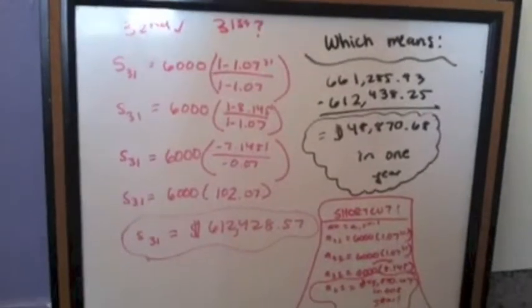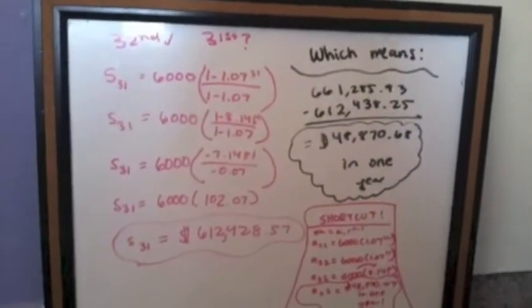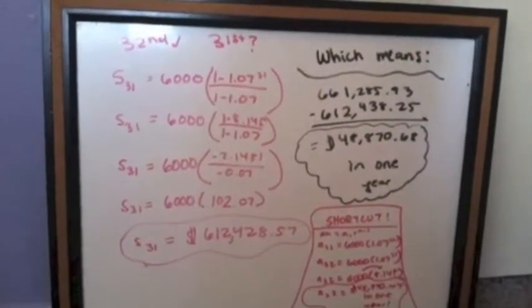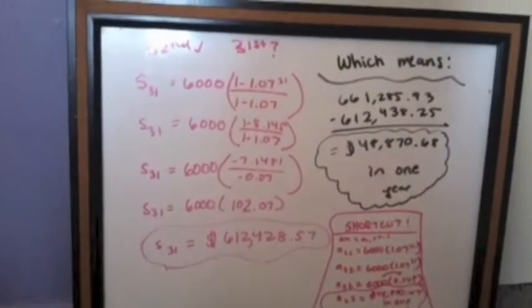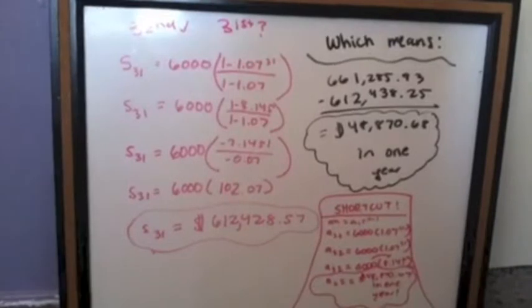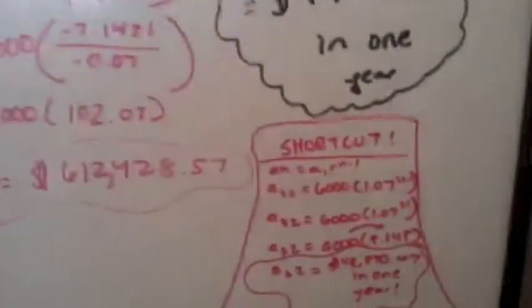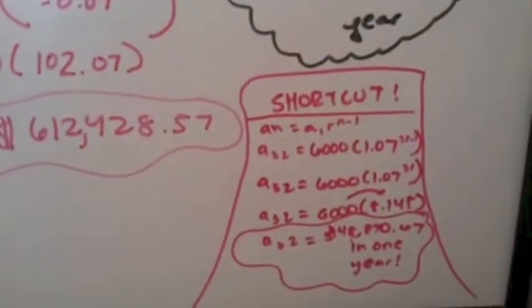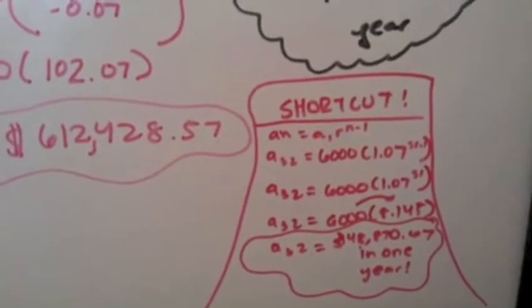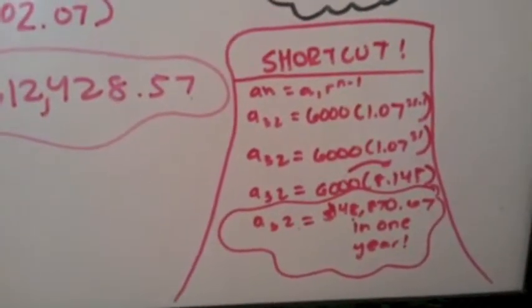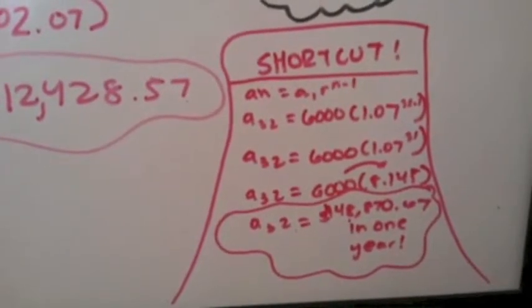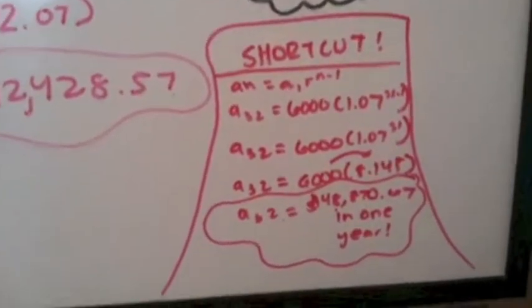So we end up making that our sum, which means you have to subtract what you got from the 32nd year and the 31st year to find how much money you make in 1 year. There's also a shortcut: you can use a geometric sequence instead of a series, and you plug in for the last year and plug in all your terms, your n, your a1, and everything, and you'd get the same amount without having to do any of the other stuff.